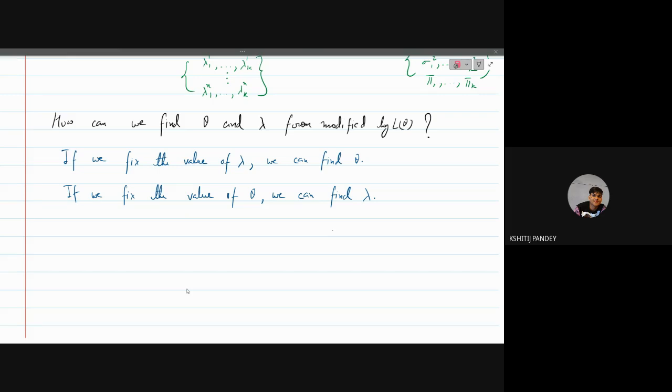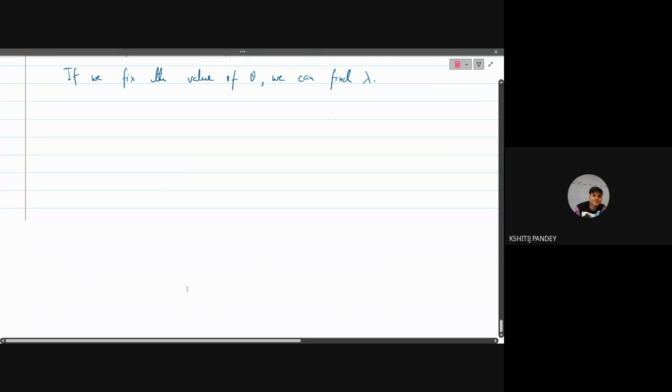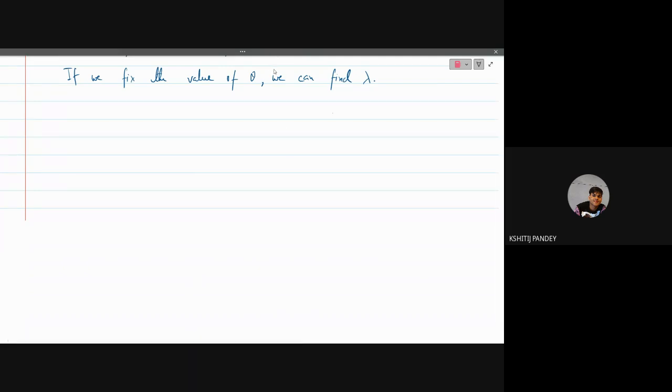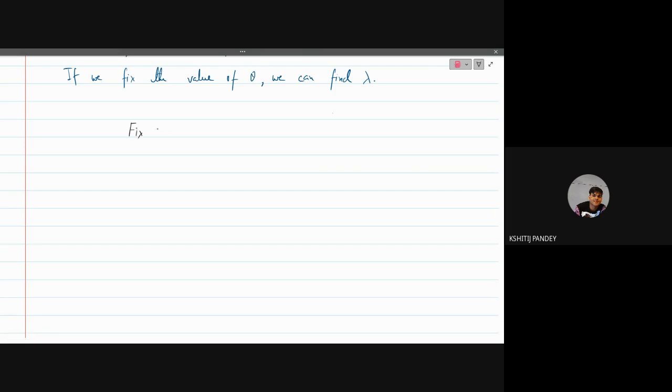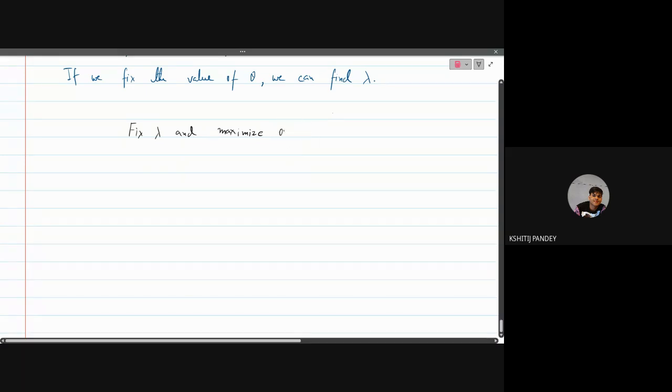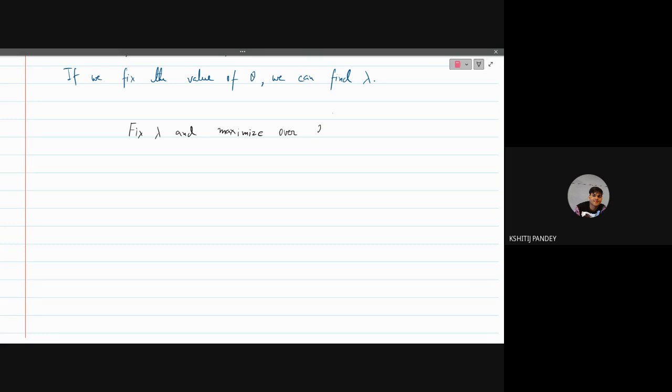So let's fix lambda and find the value of theta. Fix lambda and maximize over theta.